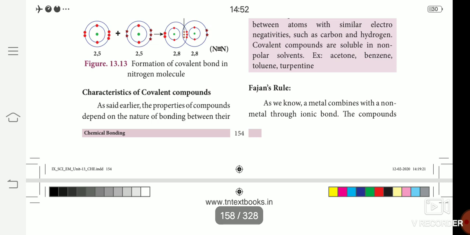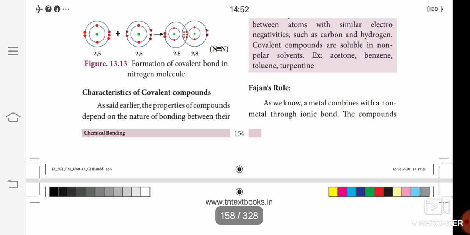The physical state depends upon the force of attraction between the covalent bonds, whether the bond is weak or strong. Covalent compounds can be gaseous, liquid or solid.